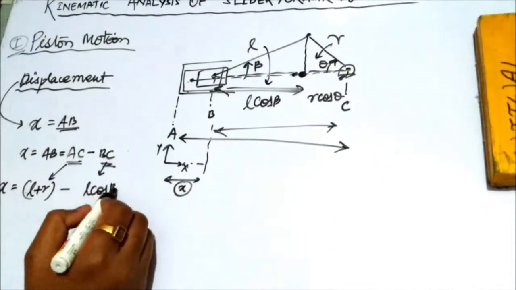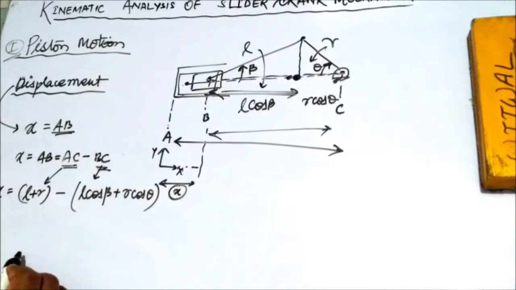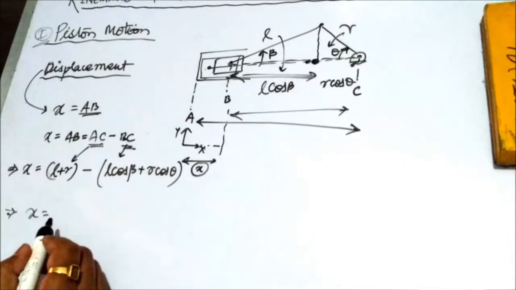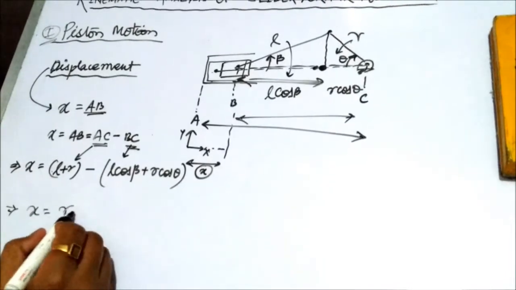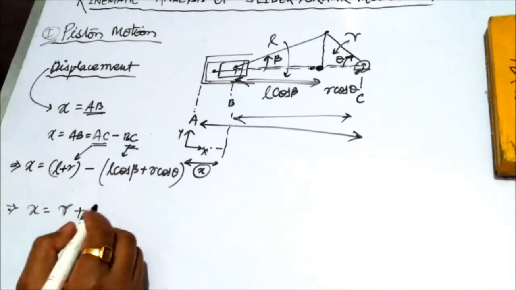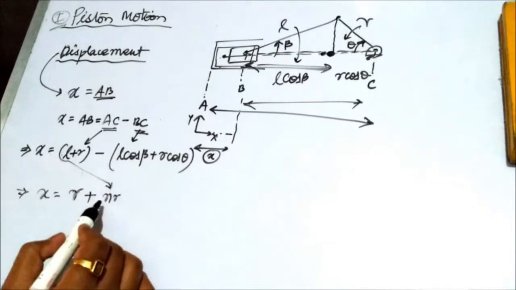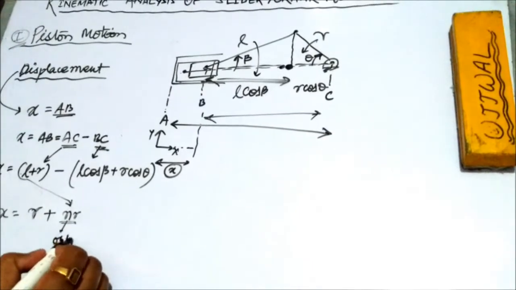Now we will simplify this. X is equal to, put the value of L in terms of obliquity ratio. So n is equal to L by R. So L is equal to n into R, obliquity ratio.